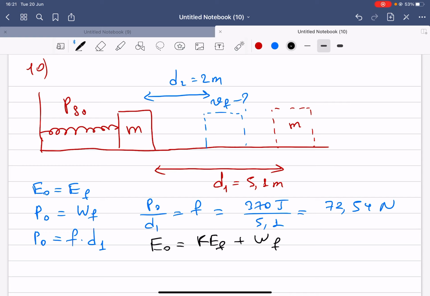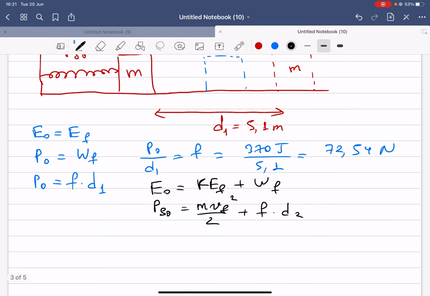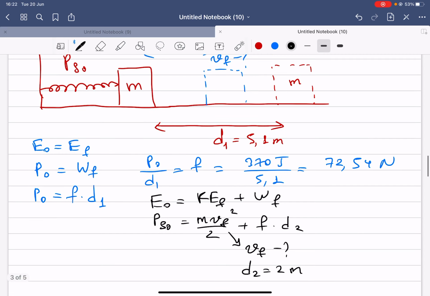So the initial potential energy of the spring is equal to m v final squared over 2 plus friction times d2. From here you have to find the final velocity at the distance of 2 meters. That's it. If you put the numbers in, you should get the answer.